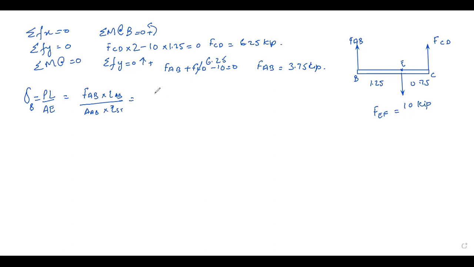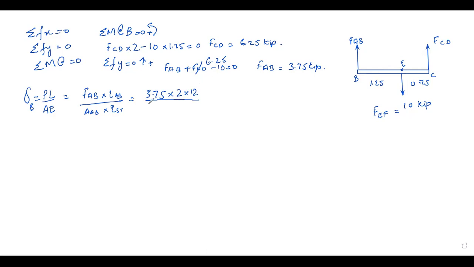Now what is the force in AB? We calculated 3.75 kips, multiplied by the length. What is the length here? If you remember, the length of AB is 2 feet, multiplied by 12 so it will be in inch. Please remember the unit conversion in the exam as well.